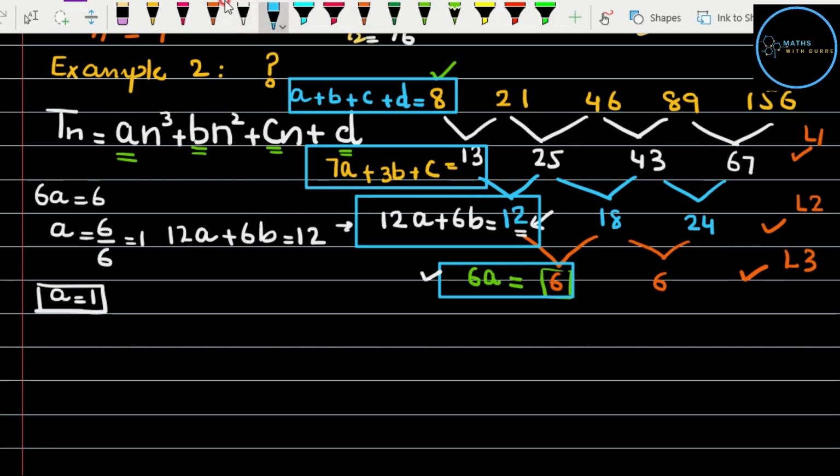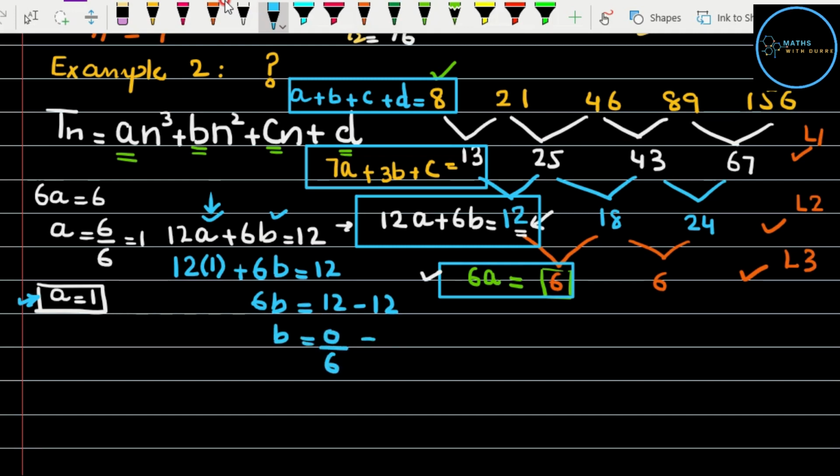Now, as there are 2 variables, I will substitute the value of a here. A is 1, so we substitute 1 instead of a, and keep b as it is. So it gives us 6b = 12 − 12. Anything you divide 0 by, you will get 0. So b is 0 here.